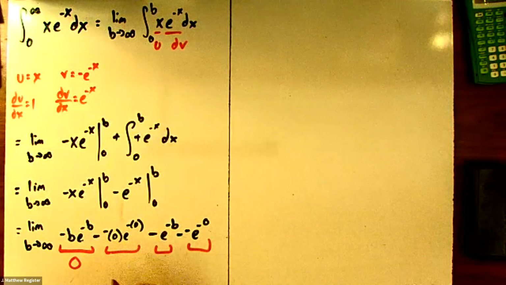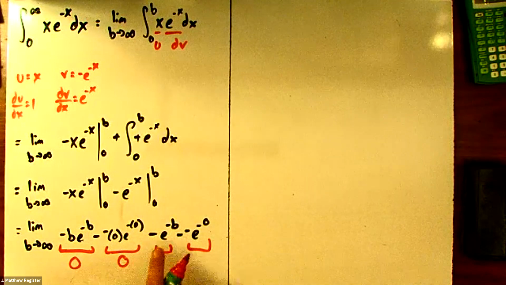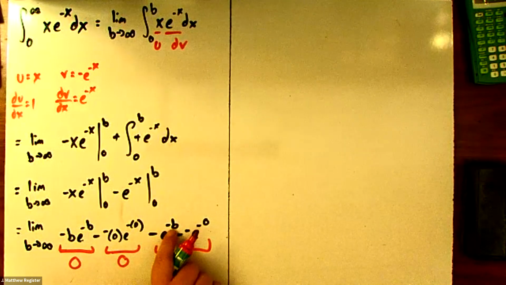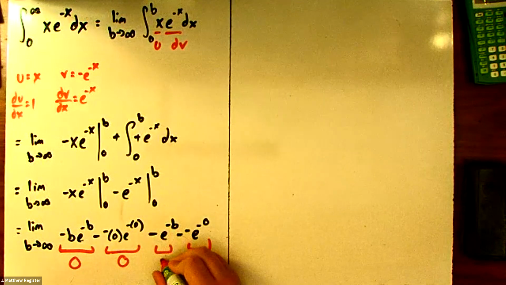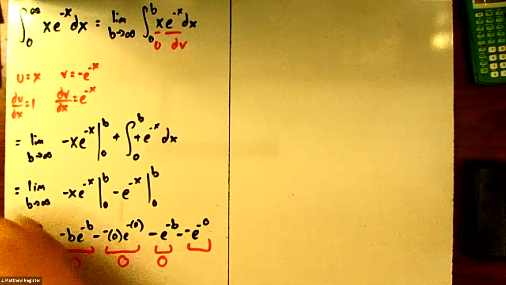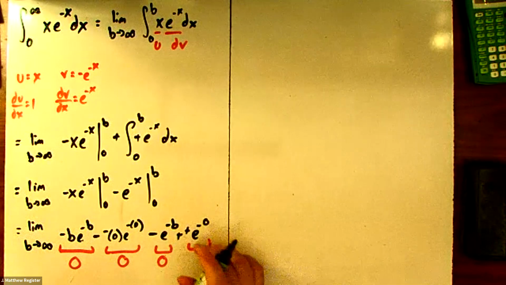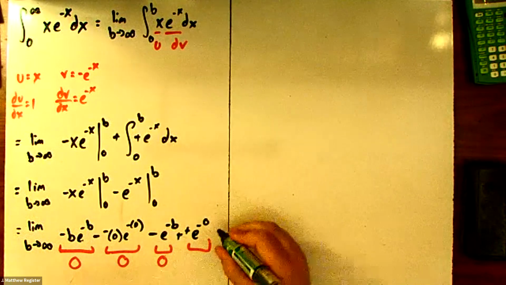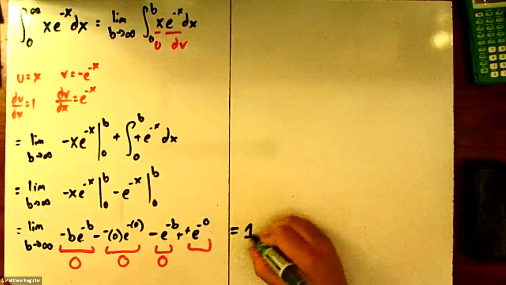This term is also going to be 0. E to the negative infinity is also going to go to 0, which means all we're left with is this last term, plus e to the 0.